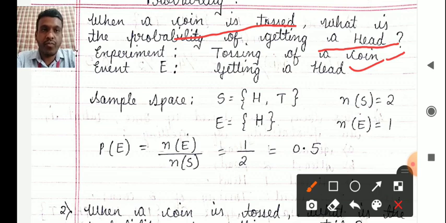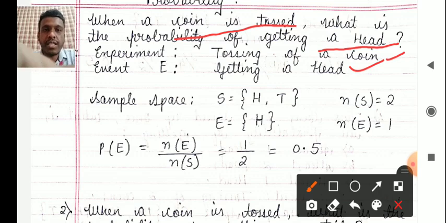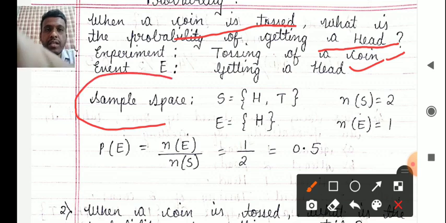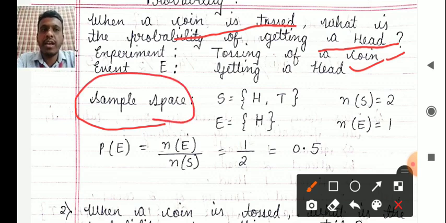In this case, what is the probability of getting a head, they have asked. So your event is getting a head. Now what will be your sample space? Sample space by definition is the set containing all the possible outcomes of an experiment. So in this case, your sample space S is equal to {H, T}, where H stands for head, T stands for tail.